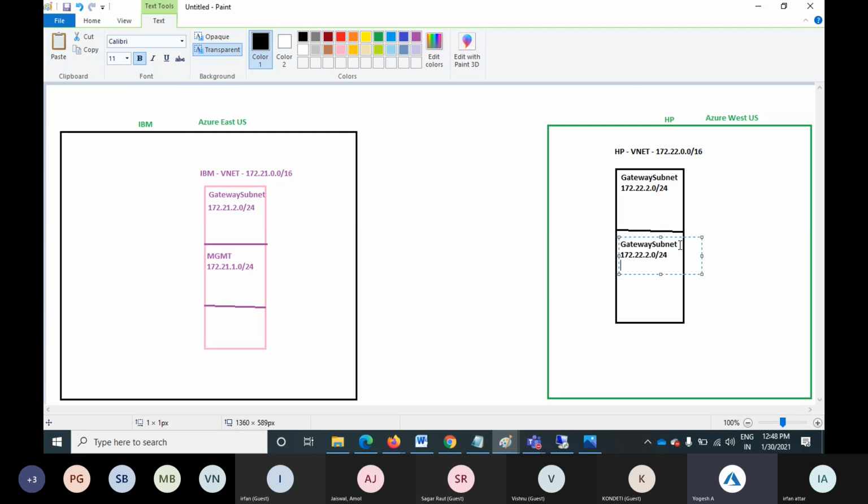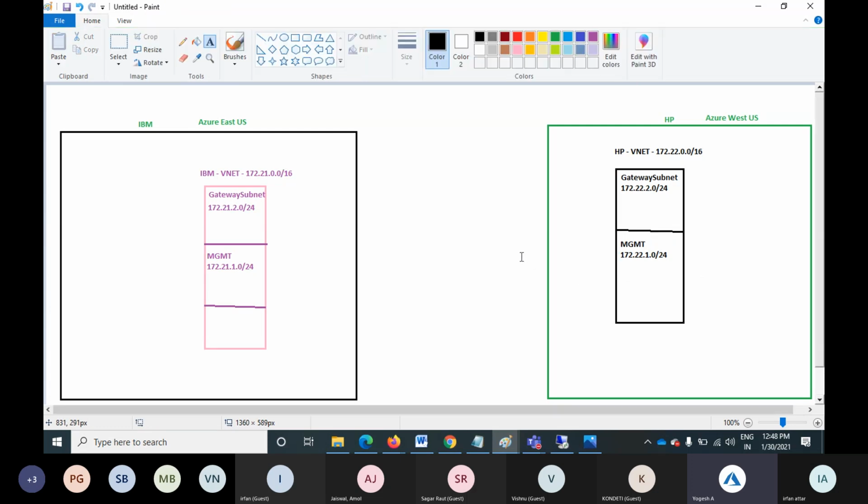Again, this is the management subnet, which is 1.0.